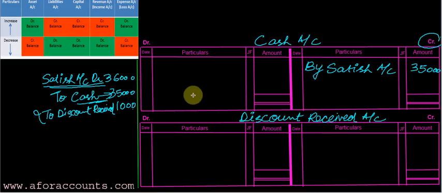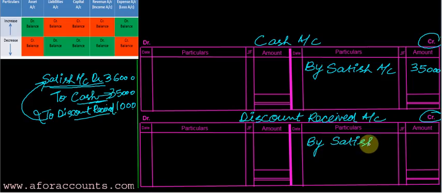Okay. Now what is credited? Discount received is again credited. See, discount received credit by, what is the debit part? Satish. So here by Satish account. How much? Discount is 1000. So what is the amount for discount? 1000 has to be written here.